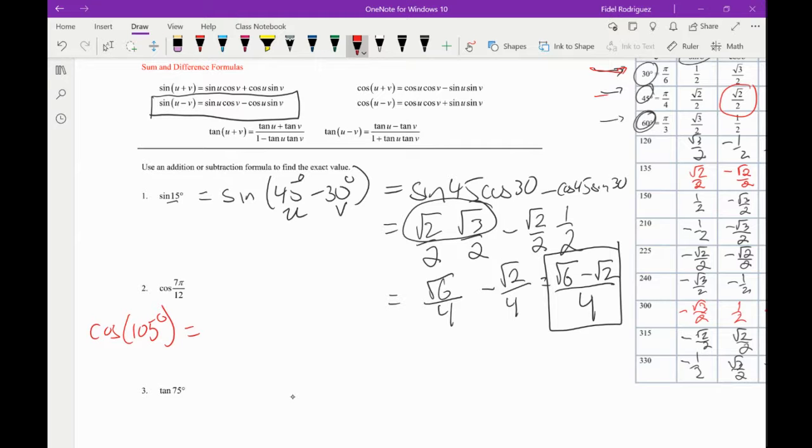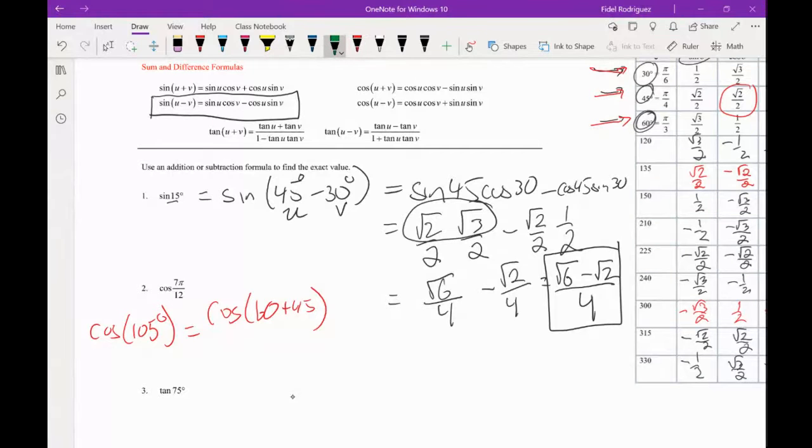Can we come up with 105 using those? What do you think? How would you come up with 105? Anybody know? 60 plus 45. Thank you so much. Oh, you got me worried there. 60 plus 45. Okay.